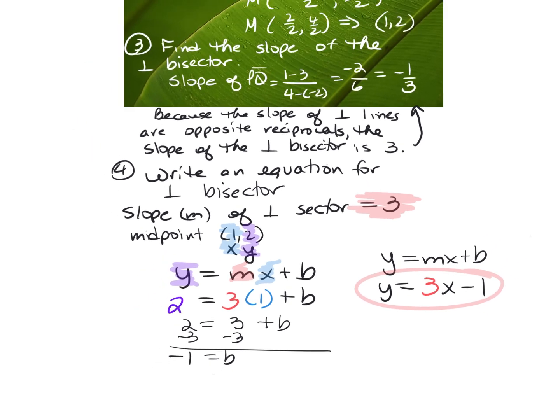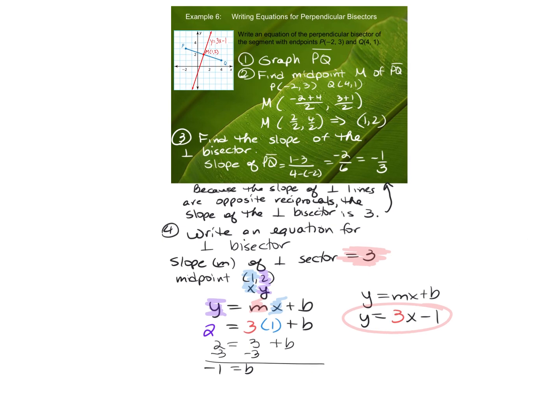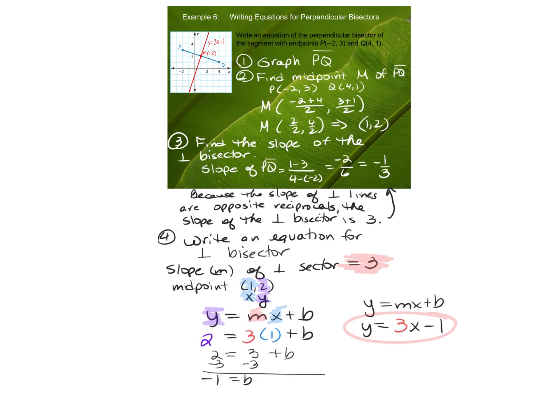And again, that is the red line that was graphed. Notice the y-intercept is at negative 1, and it has a rise and a run of 3/1. So again, we already did this type of question back in chapter 3. It's now coming back to us in chapter 6. And that is it for section 6.1's notes.